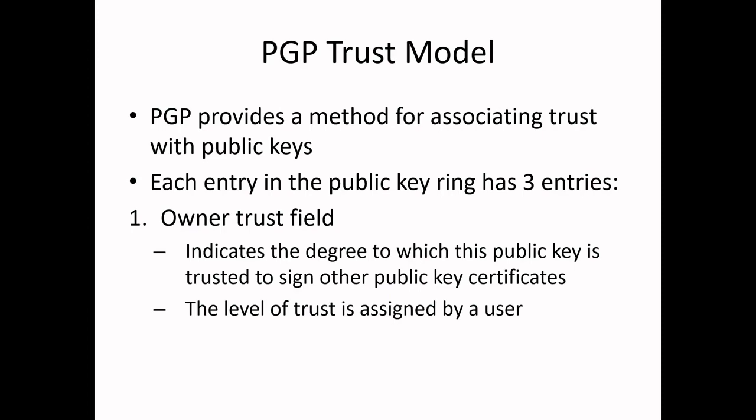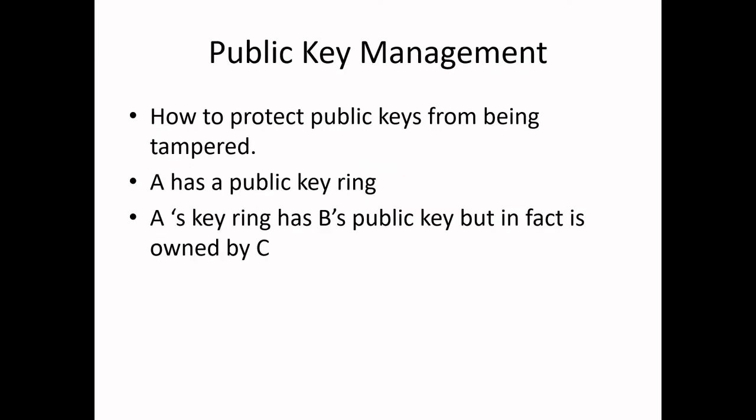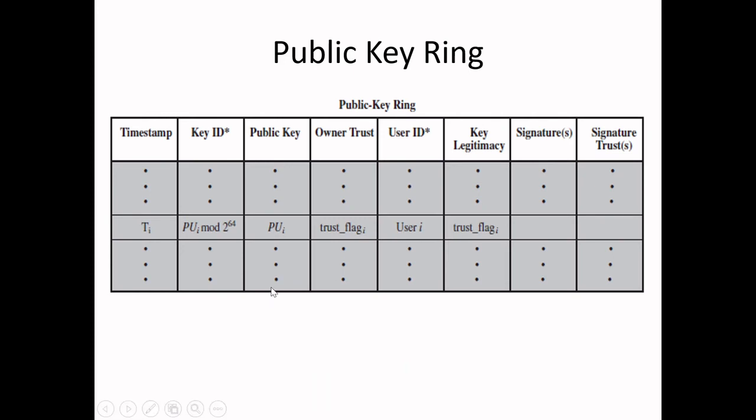So it looks like this, like we saw earlier. This is the public key ring, right? Let us say this public key ring belongs to A. Now the owner trust field is this.